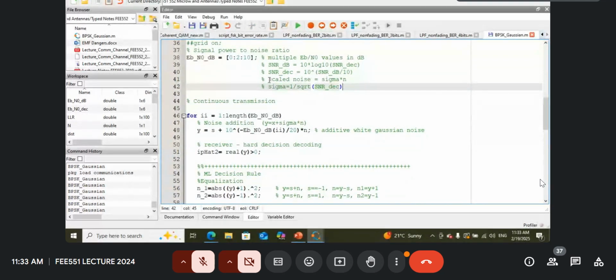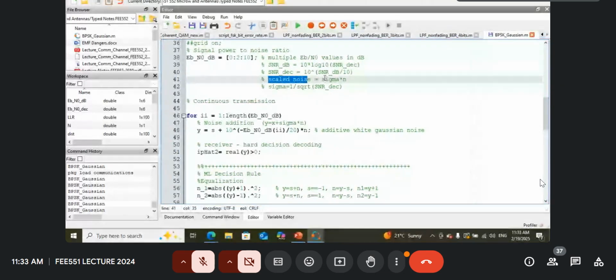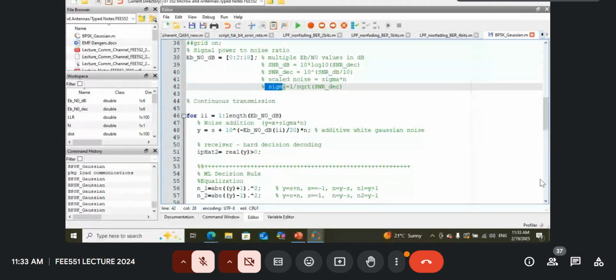The scaled noise is scaled by a sigma, which is normally the standard deviation of the noise. So we calculate sigma as 1 over the square root of that SNR in decimal.